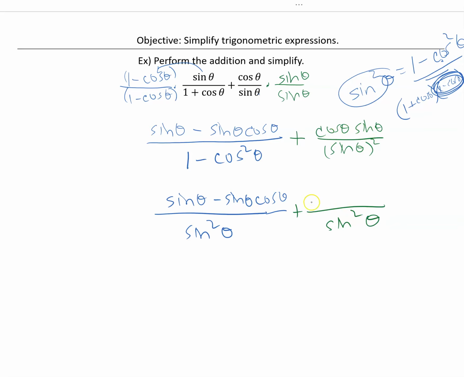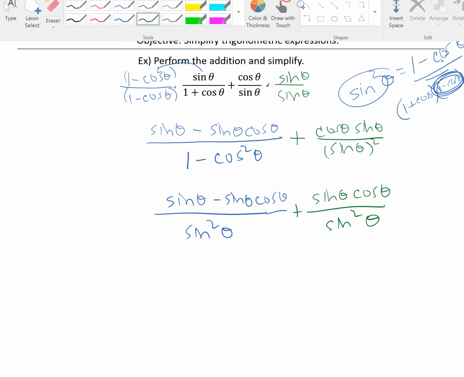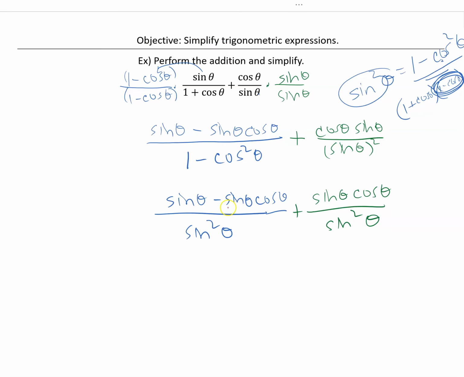Cosine times sine is the same thing as sine times cosine. And I flip it around because here I've got a negative sine theta cosine theta plus a positive sine theta cosine theta. They're going to add together and give me 0. Anything plus its opposite is 0.